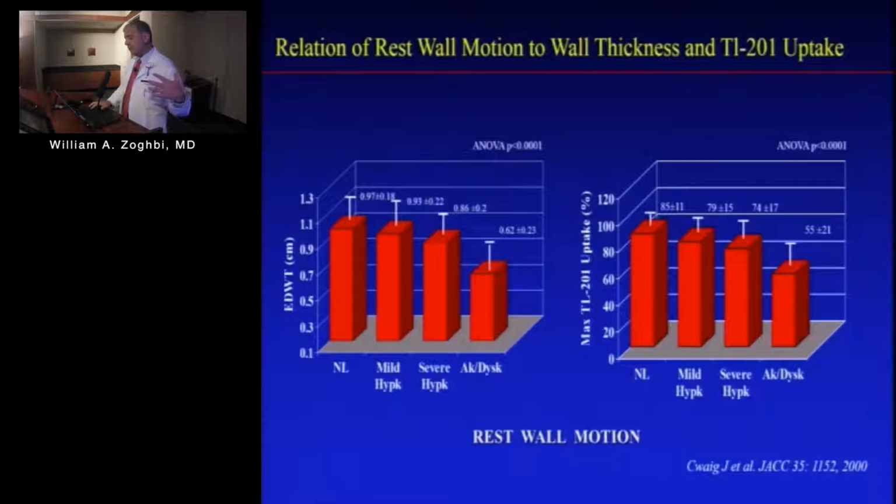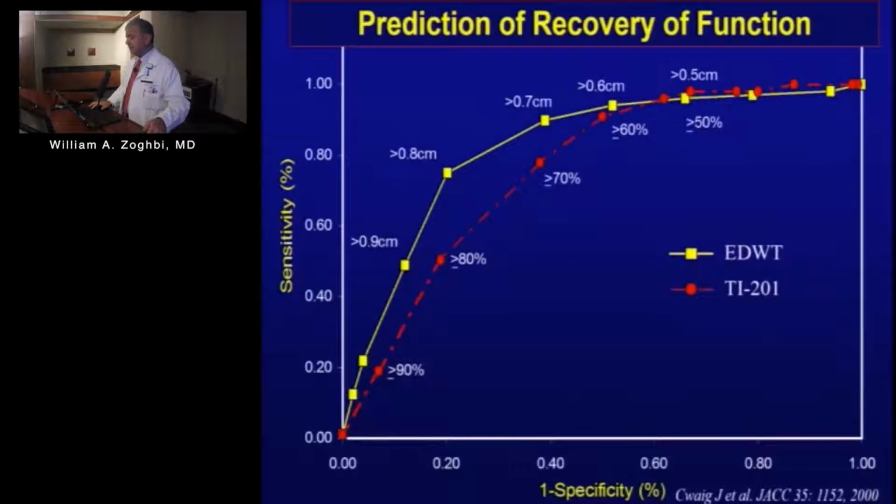If you have a normal nuclear uptake, you have normal thickness of the myocardium, viability obviously is very high, and then the more akinesis and dyskinesis you have, less nuclear uptake and also more thinness of the myocardium in diastole. What does it mean?